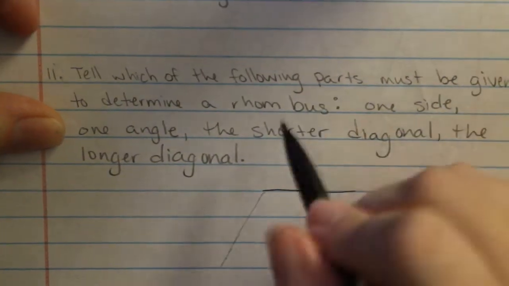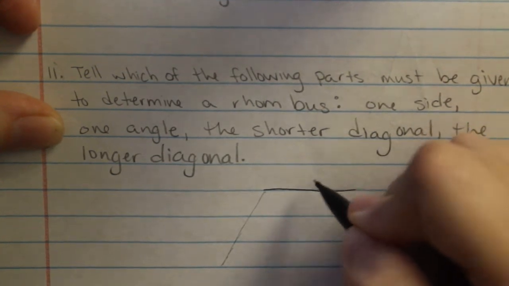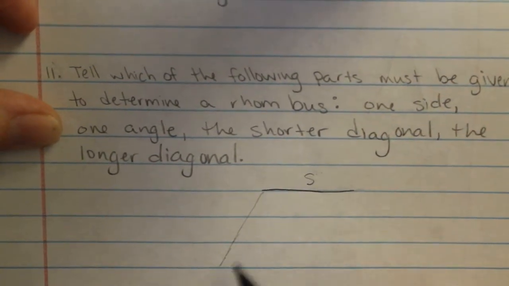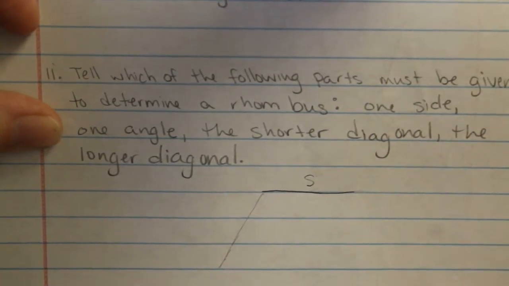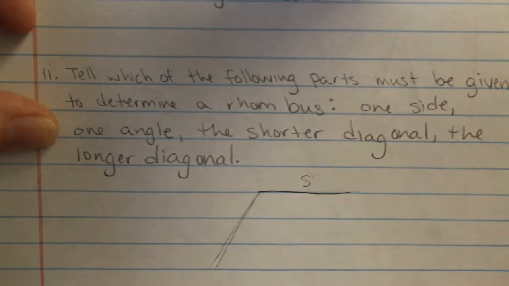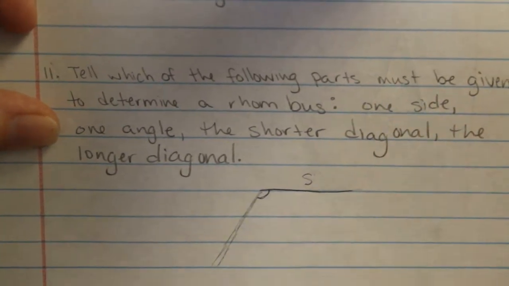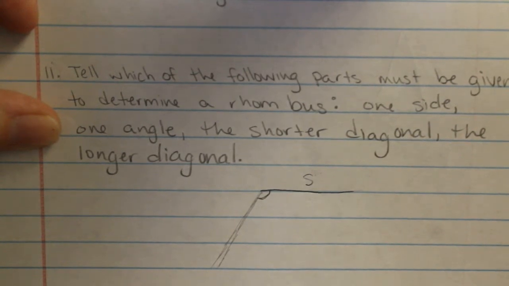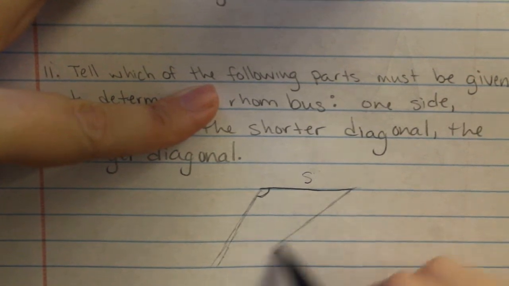So if I know it's a rhombus, I can know one side, okay, so I know this side, and then do I need to know the shorter diagonal or the longer diagonal? Well, in this case, let's see, if we know one of the angles, so say I know this angle, and then I know the longer, okay, so let's say I know this one here.